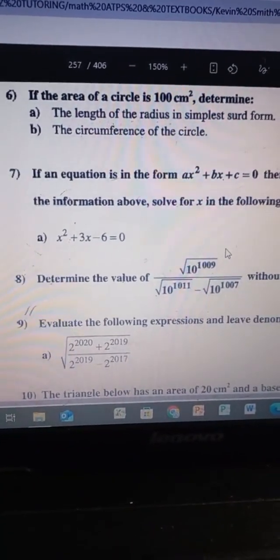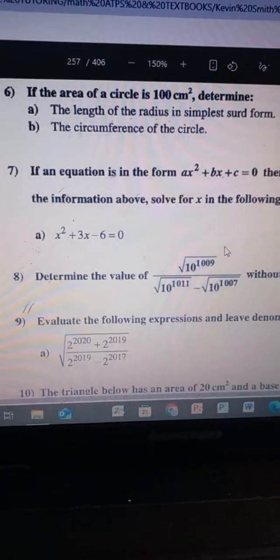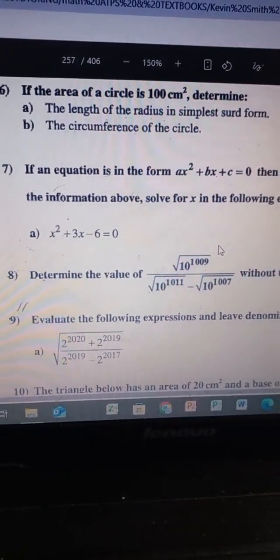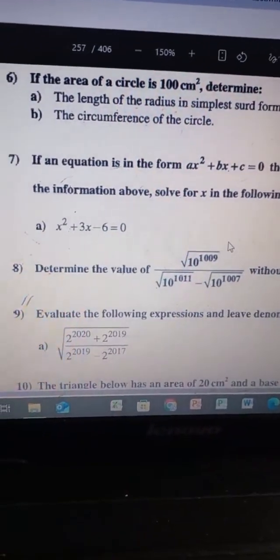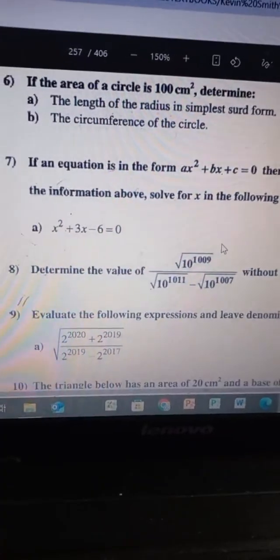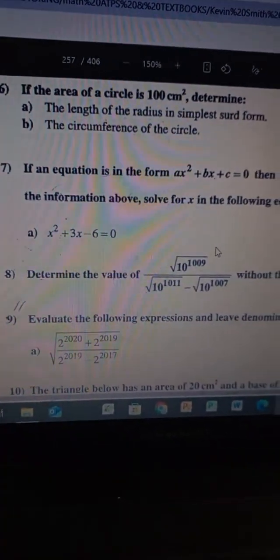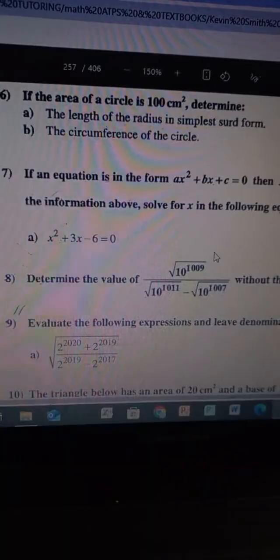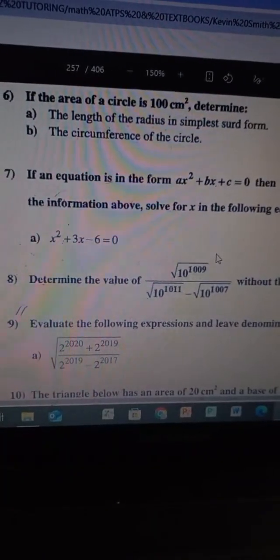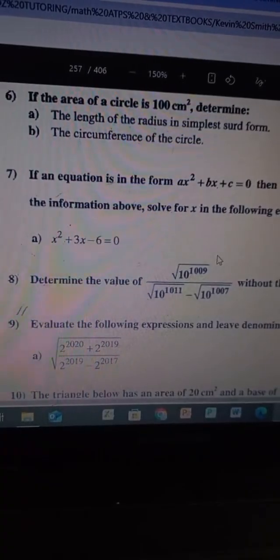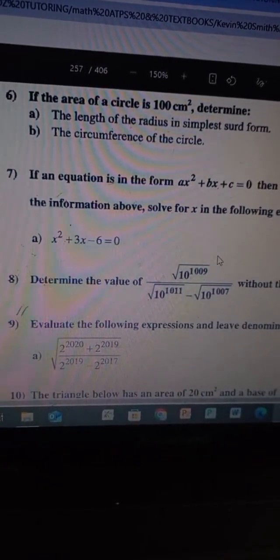So remember, if we want to calculate area, the formula for area, grade 11, the area of a circle is pi r squared.